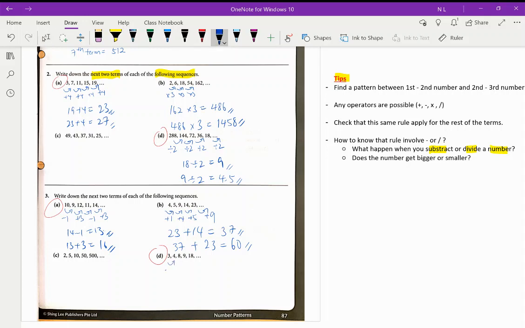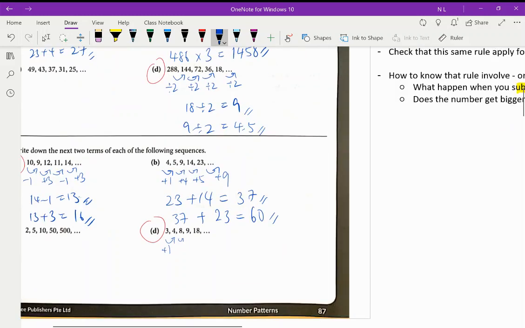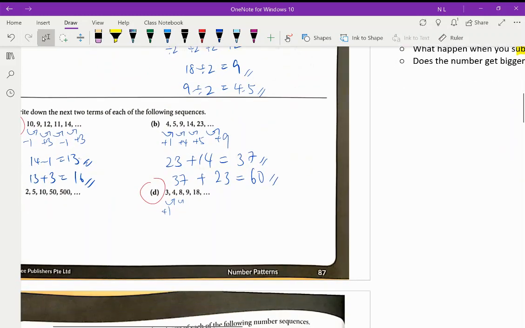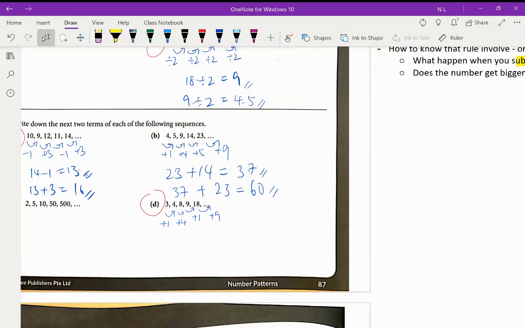So it's plus 1, plus 4, plus 1, plus 9. It seems to have a pattern there.